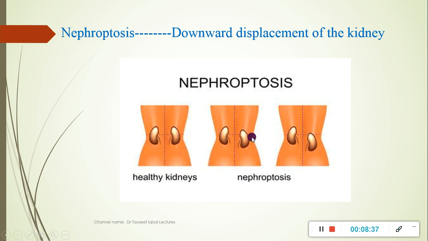So if we look at this, there is displacement, there is a downward movement on one side of a kidney. So this is basically a healthy kidney, while due to some pathological or other disease condition there is a downward movement of a kidney. So that is nephroptosis.